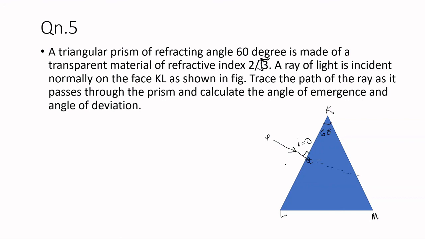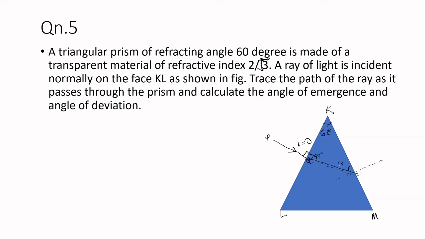So like this, it will go just directly to the other face without deviation. Then at this point we will draw the normal. This is the normal, and we'll find out what is the angle. So this is 90 degree because this is perpendicular. This one is therefore 30 degree, 60 over here, 90 over here.